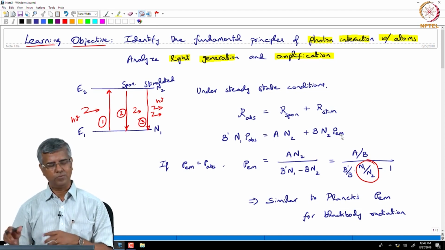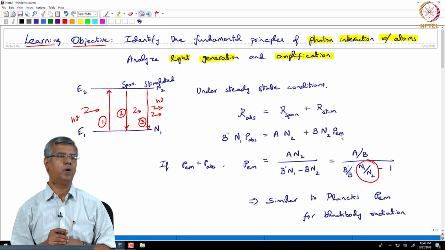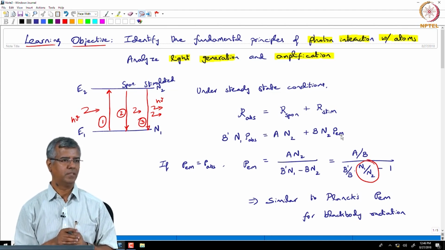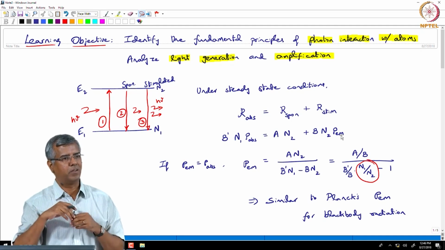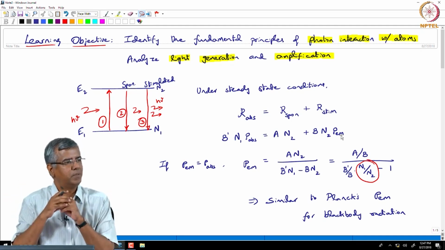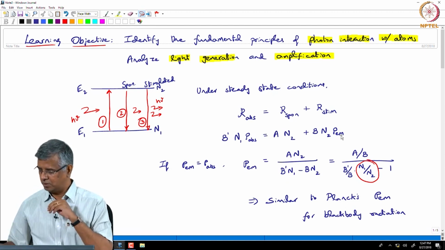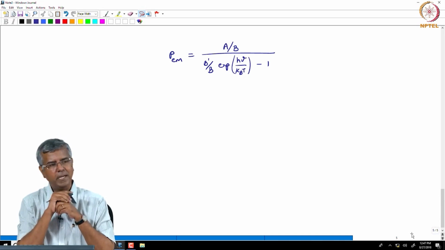On the other hand, if that quantity, that probability density, is very small, if it is a small number, then spontaneous emission is the dominant mechanism, which is why we have these light emitting diodes and all other, it is primarily spontaneously emitted sources. Okay. So, we want to look at different possibilities.